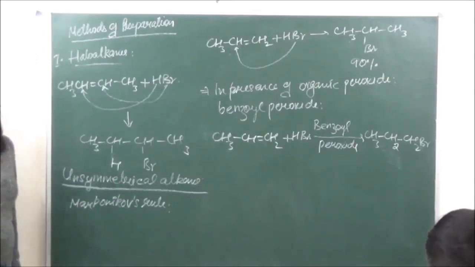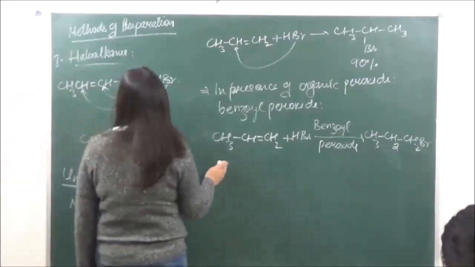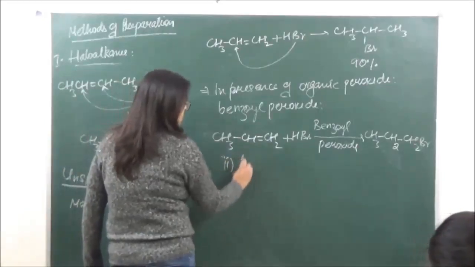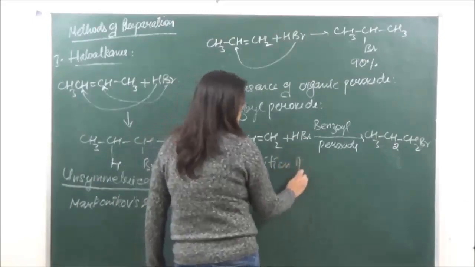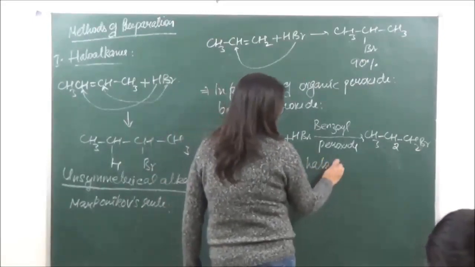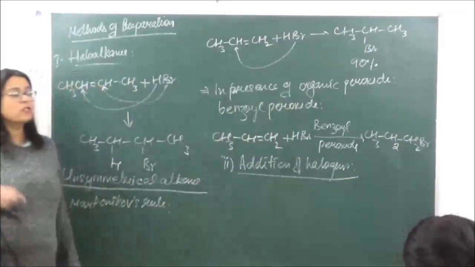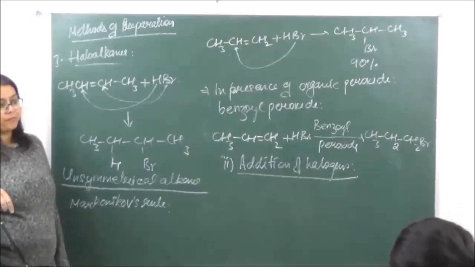Clear? Next जो हमारी reaction इसमें आती है, that is addition of halogens. So this is the first one which we have done. The addition of halogen is going to give us a dihalogen derivative.